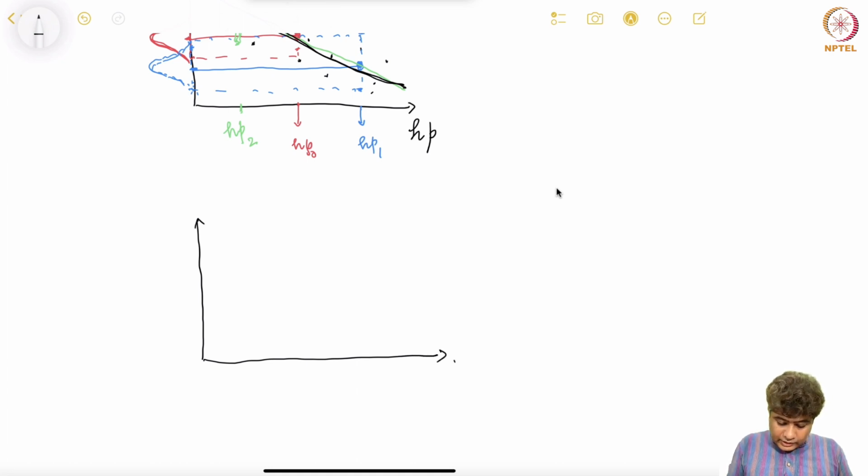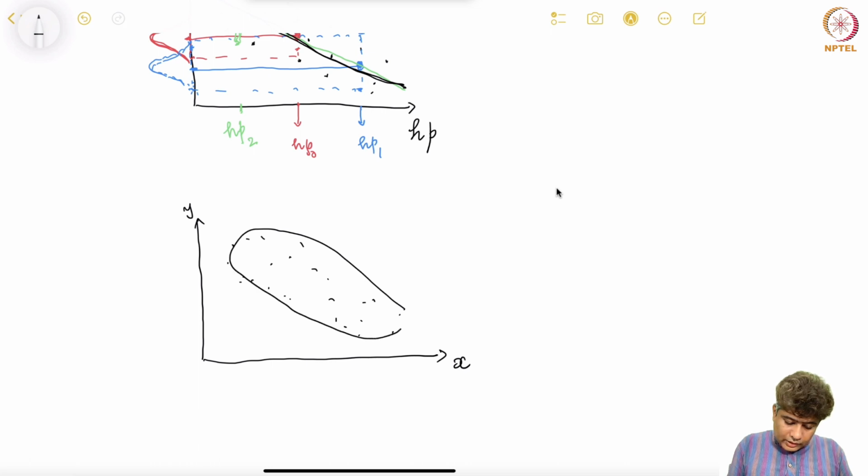Now if we generalize this, if we have a distribution of x and y, the points are somewhat like this. So we can think of a joint distribution of x and y. Now for a given value of x, say x naught, what would be the possible values of y that we can think of?